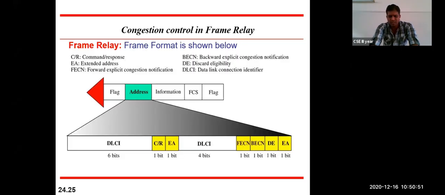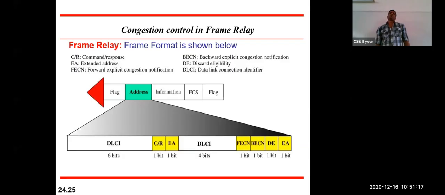It is used to detect errors. It could be checksum, it could be CRC, any error detection and correction technique. Information is the information being carried by the frame. The most important field in frame relay, because it does not have any flow control, is the address field.